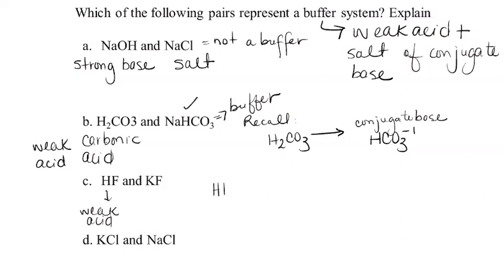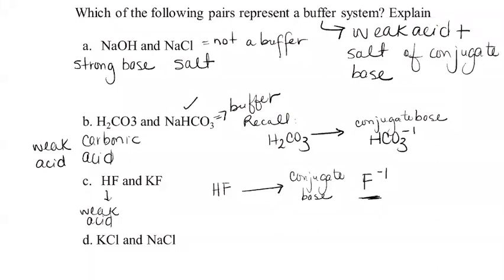So if HF is acting as an acid, remember, when we do the conjugate base of it, the conjugate base of HF is F-1. So KF is going to be the salt of the conjugate base, because remember, the salt is formed from the conjugate base paired with anybody from group 1A.